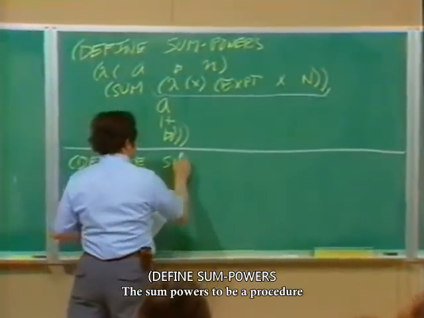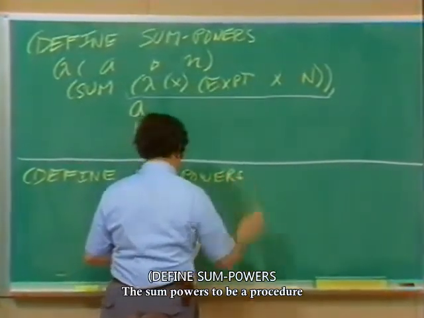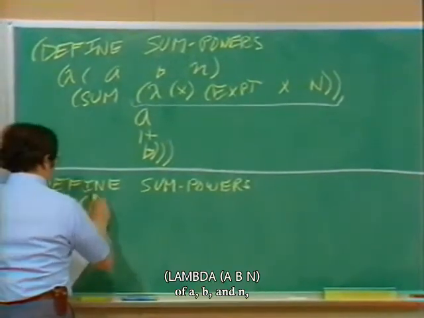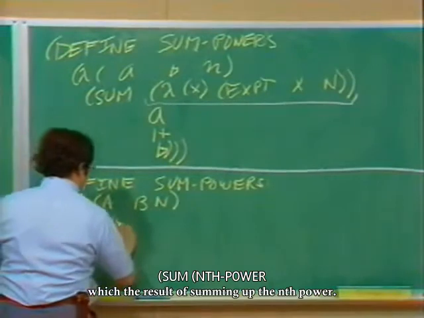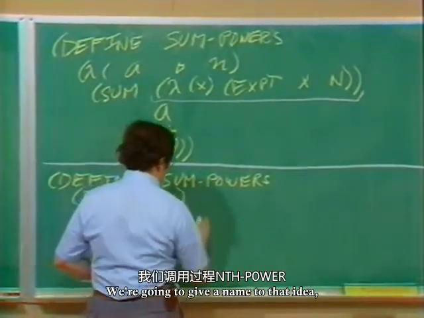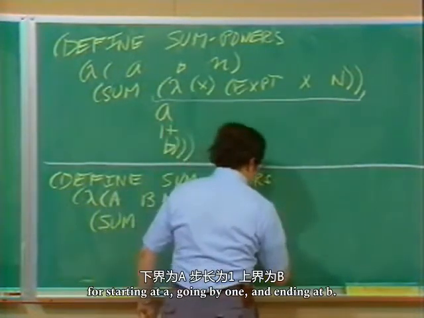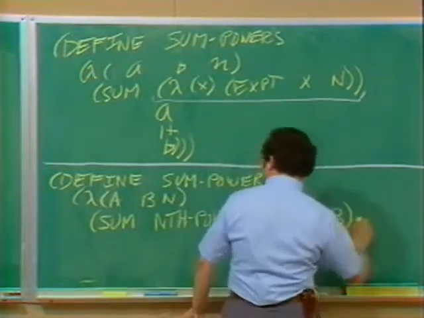The sum powers to be a procedure of a, b, and n, which is the result of summing up the nth power. We're going to give a name to that idea. For starting at a, going by 1, and ending at b.